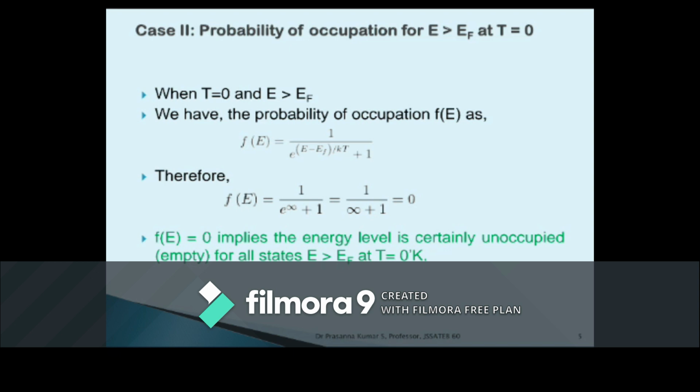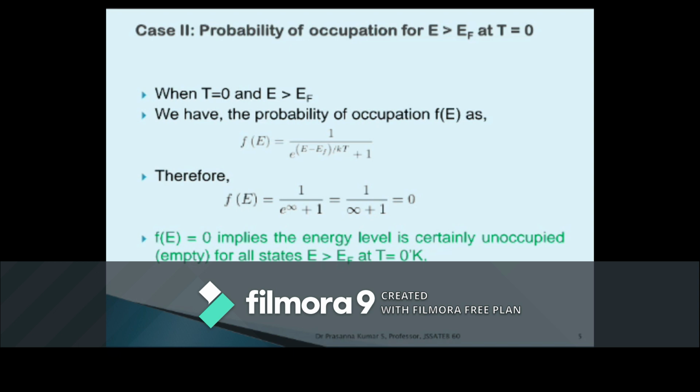It's not possible at T equal to 0 K. So this formula f of E clearly states that all energy values below the Fermi energy are occupied, and all states above the Fermi energy are unoccupied at 0 Kelvin.